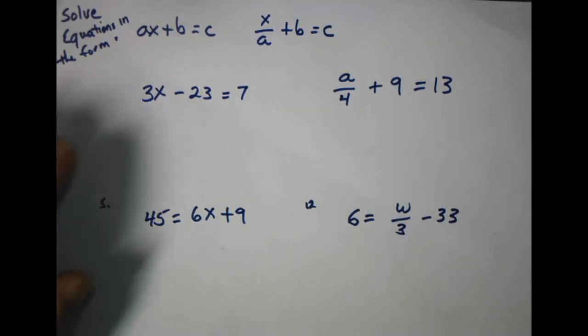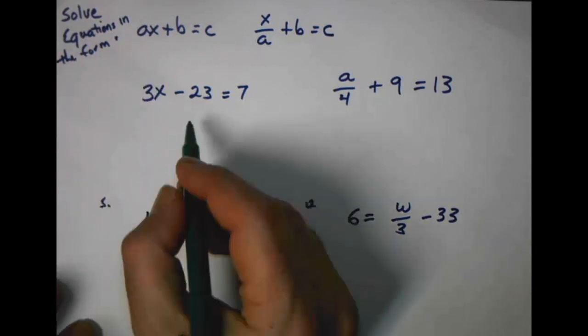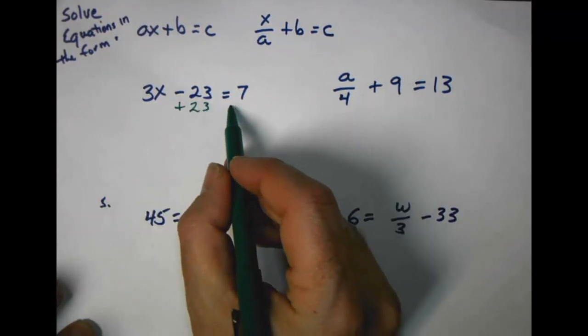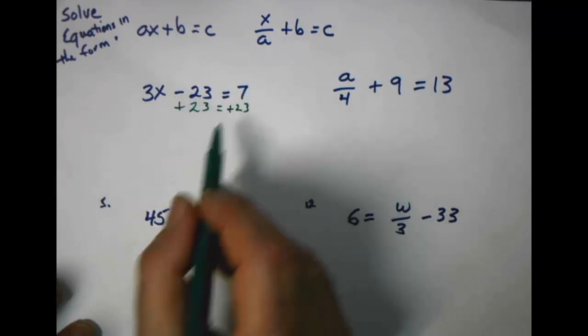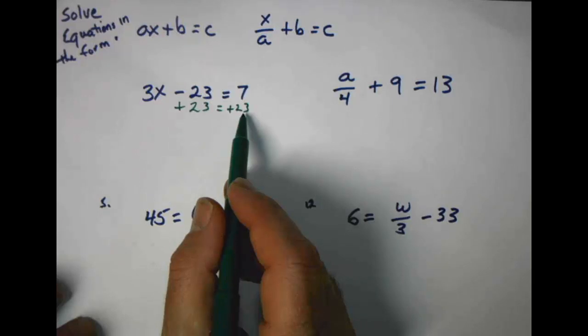We still need to do this part of it first, where we have x minus 23 is 7. So we need to work with the plus and the minus part first. So our first step is going to be to add 23 to both sides of the balanced equation. Remember, this side is the same as that side, so mathematically whatever we do to one side we have to do to the other.